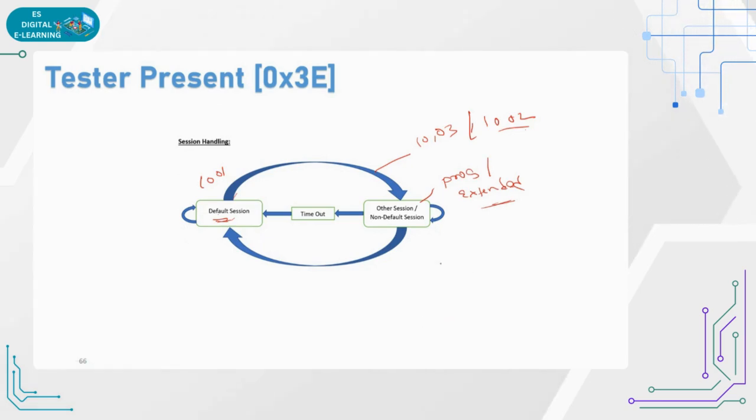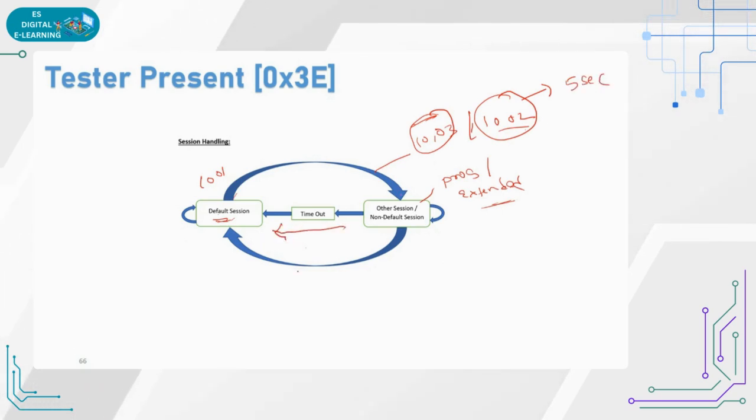Okay, every session has a timeout. If we enter the extended or programming session, it will stay only for 5 seconds. After 5 seconds, it will jump into the default session only.